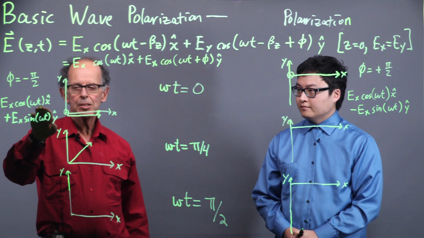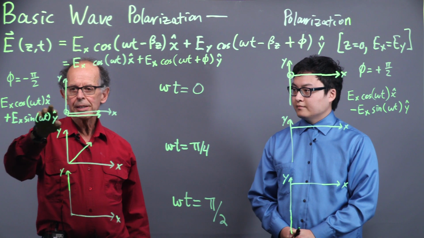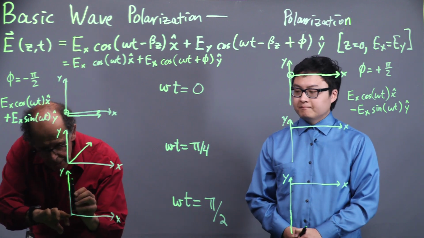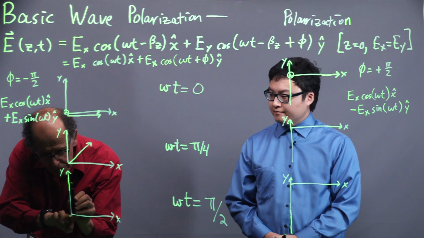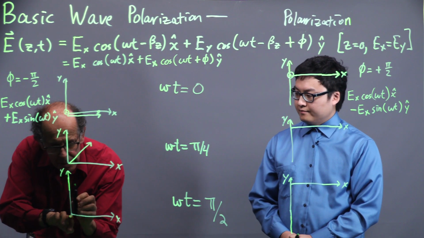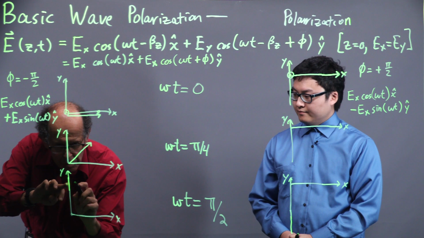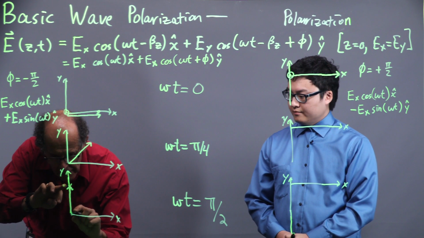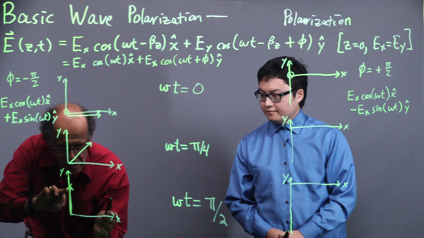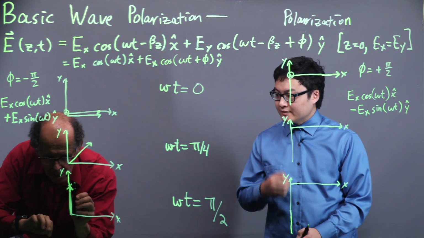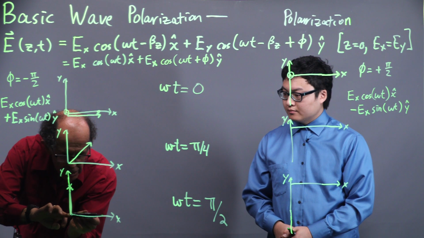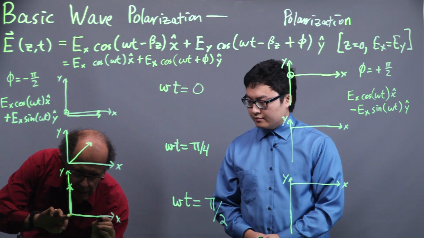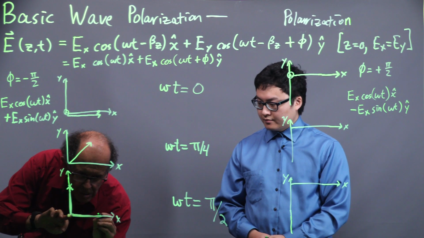So when omega t is pi over 2, our electric field is fully along the y-axis. And just to give us the right scale, we're about there. So here's my electric field. I'll draw it thicker. And let's put in the other ones. So the one from time 0 is right there, along the x-axis.